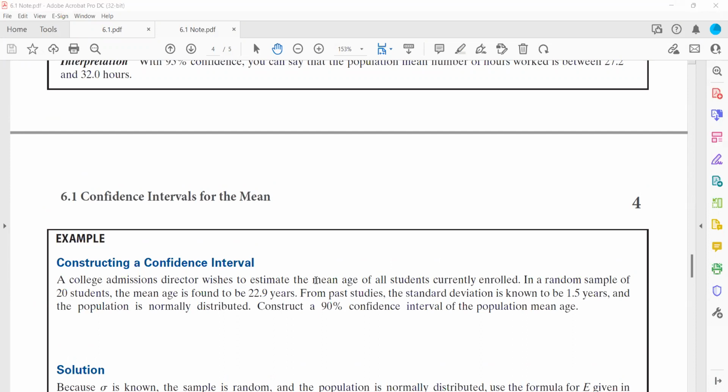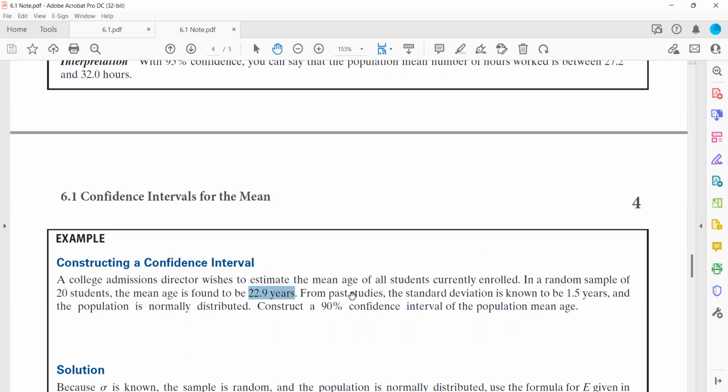So what are we trying to find? What are we trying to estimate? It's the mean age. We're trying to estimate the age of the population. What is the mean? What is the average? In a random sample of 20 students, so we have 20 students, the mean age is 22.9 years.